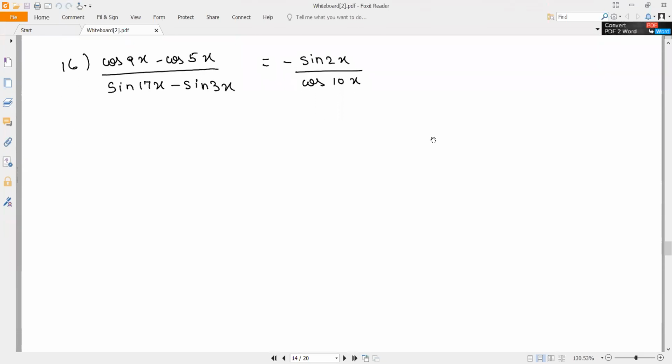Cos of 9x minus cos of 5x upon sine of 17x minus sine of 3x. So your LHS is cos A minus cos B upon sin A minus sin B in the denominator. So you can directly apply the formula.